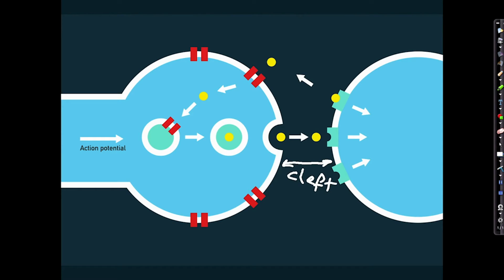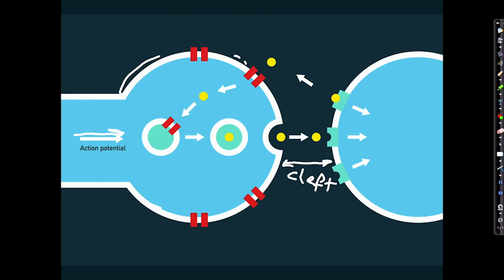Now this is the synaptic bouton, coming from the axon, so the action potential is traveling in this direction.